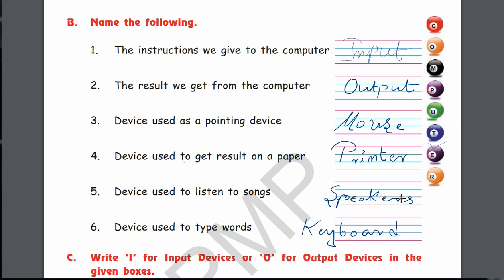So all the answers: number 1 answer is input. Number 2 answer is output. Number 3 answer is mouse. Number 4 answer is printer. Number 5 answer is speaker. Number 6 answer is keyboard. I hope all of you have noted.